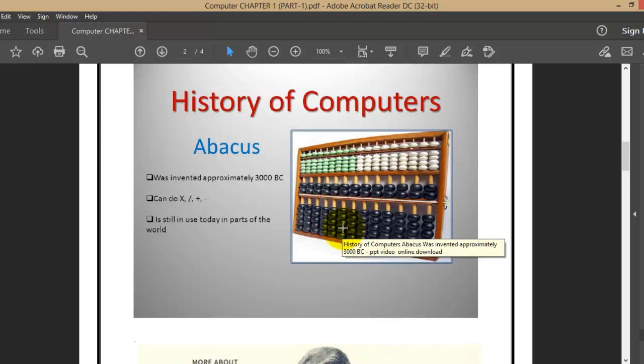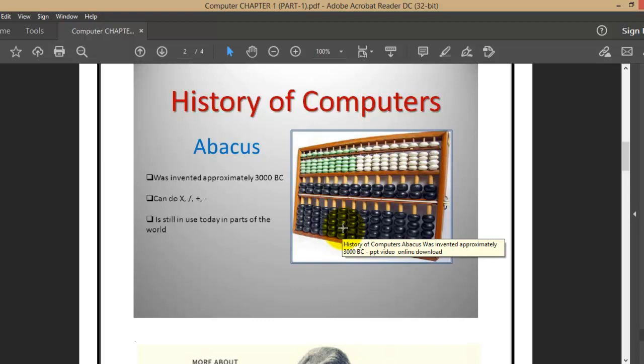Before this, people used sticks or stones, and after some time they developed a device called the abacus.